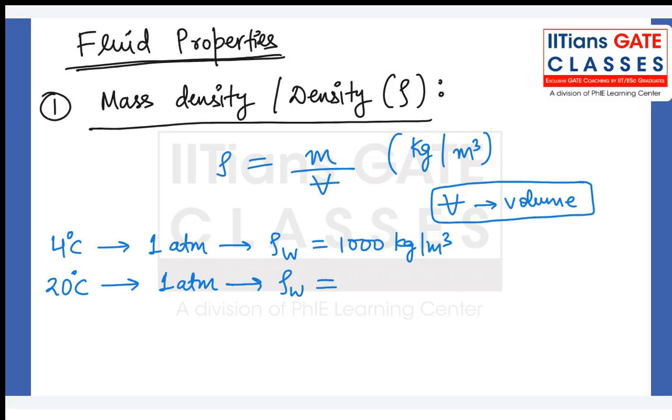I have increased the temperature, pressure is the same. It will decrease, right? So in this case, we have density close to 998 kg per meter cube.